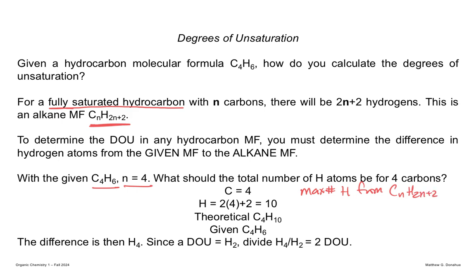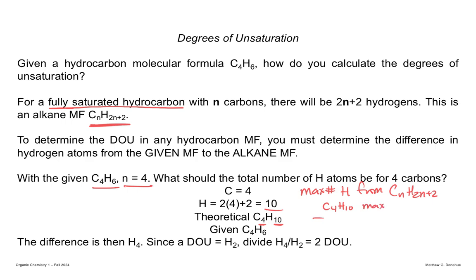So when we plug that 4 in there, 2 times 4 is 8 plus 2, that gets us 10. So for 4 carbon atoms, the maximum number of hydrogen atoms is 10. So C4H10.